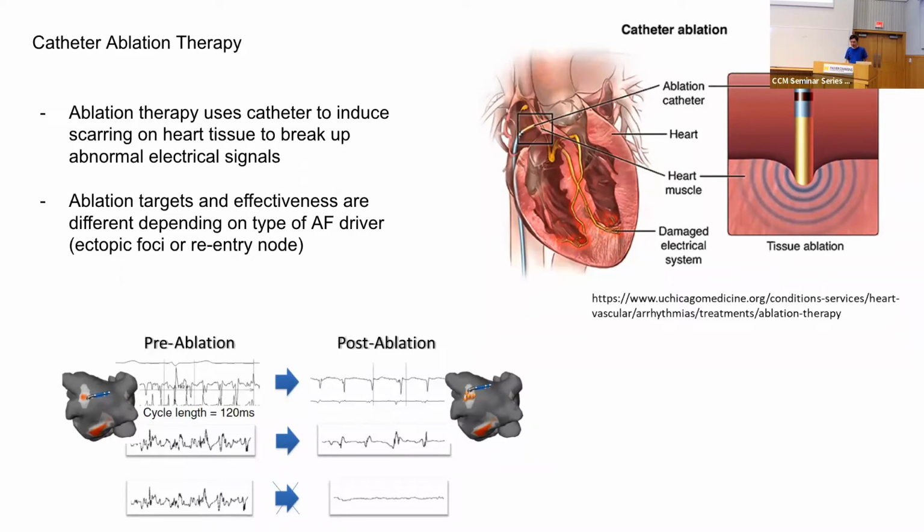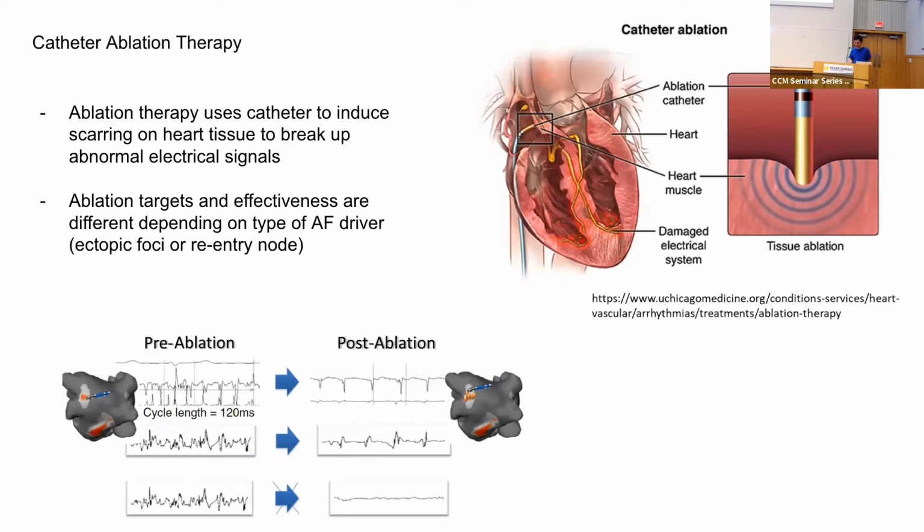Using a catheter, we can intentionally induce scarring on those areas to break up the abnormal electrical conductivity. Generally in atrial fibrillation patients, after mapping the cardiac tissue and finding these targets, this type of ablation therapy has proven to be the most effective so far compared to drug treatments.